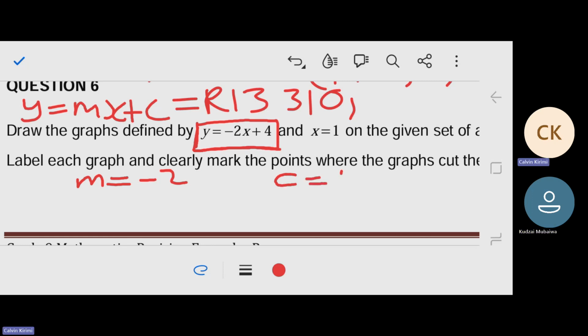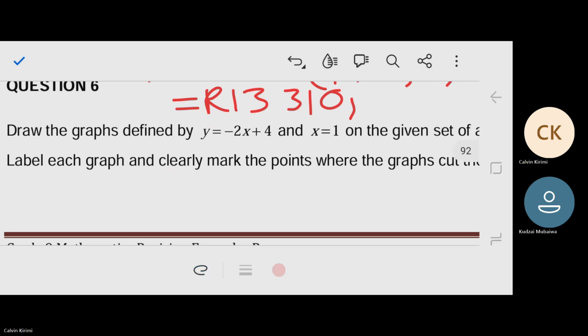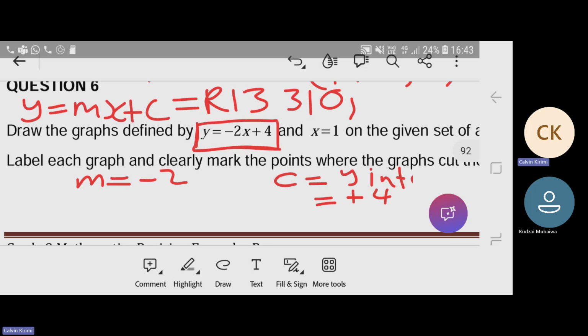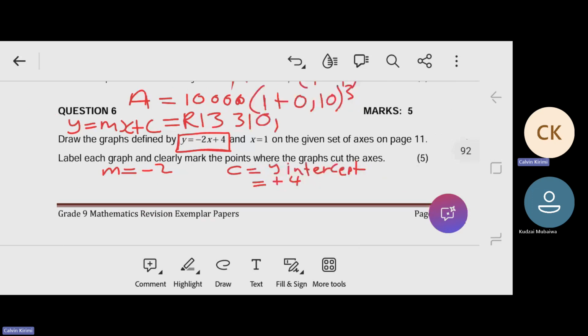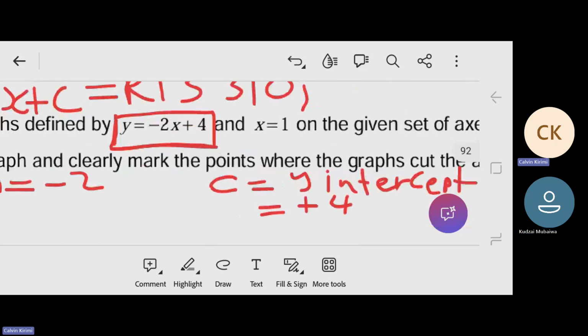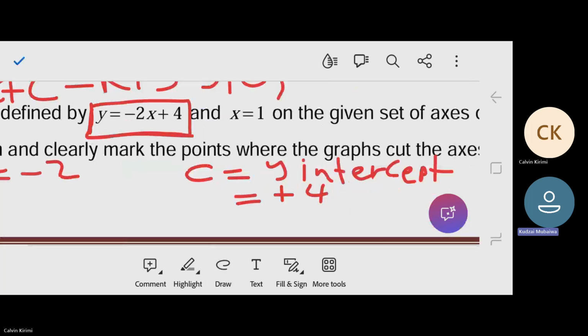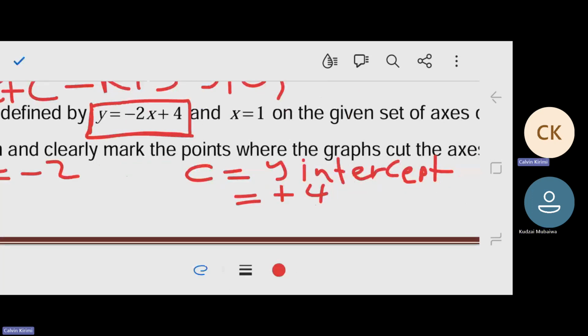Yes, c is the y-intercept, where it's cutting the y-axis. And what are the coordinates of that point, in terms of x and y?